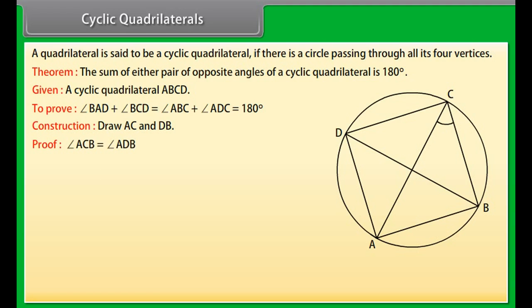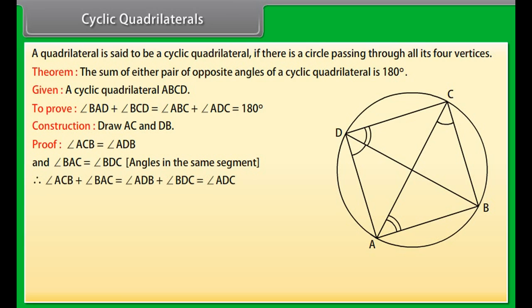Construction: draw AC and DB. Proof: angle ACB is equal to angle ADB and angle BAC is equal to angle BDC, because these are the angles in the same segment. Therefore, angle ACB plus angle BAC is equal to angle ADB plus angle BDC, which equals angle ADC.